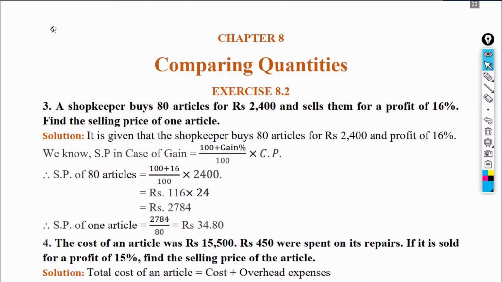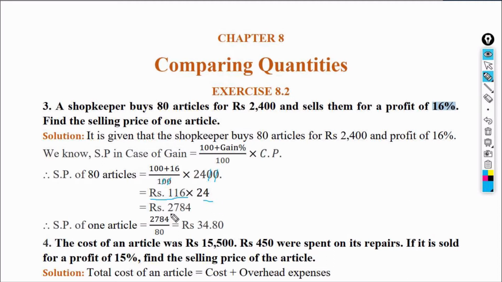Now, using that formula, just put the value of gain percent, which is 16%. Very simple, just put the values in the formula: (100 plus 16) divided by 100 into 2400. Cancel 2 zeros from denominator and numerator. It is rupees 116 into 24.